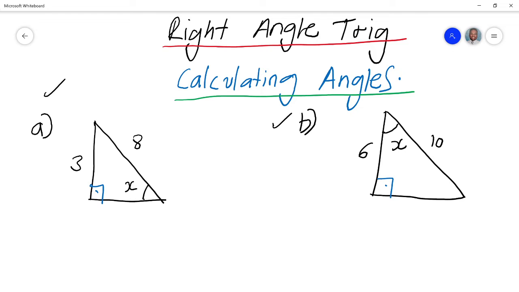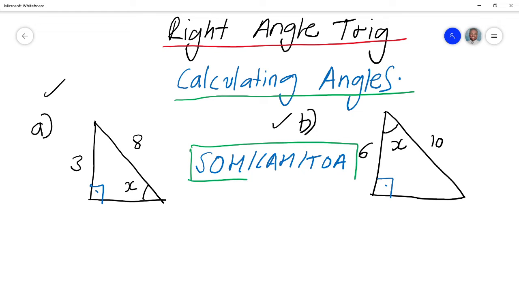Next is to know your trig ratios. You all should be familiar with SOHCAHTOA. That technically is your Bible in order to understand the ratios for trigonometry.